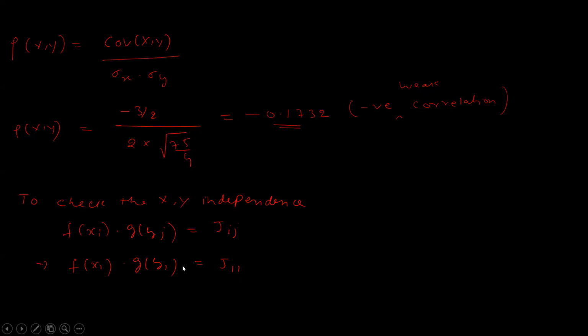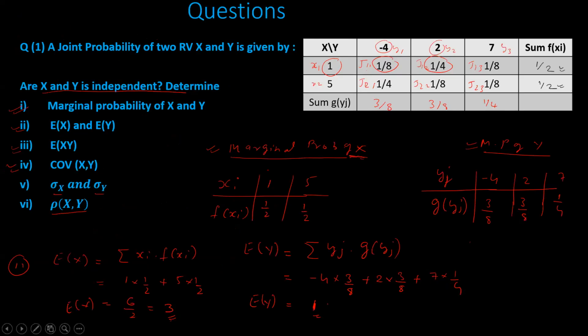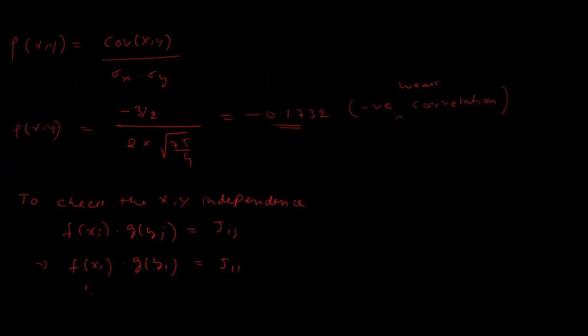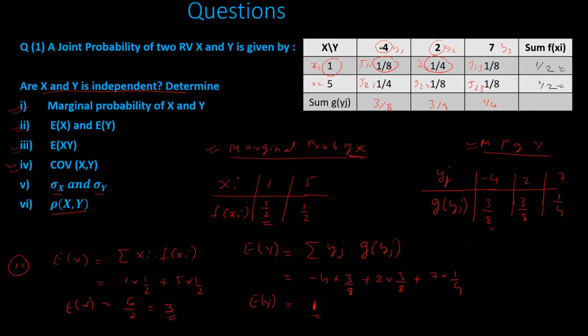So what is f of x1 value? F of x1 is 1 by 2, g of y1 is 3 by 8. So let us put the value. This is 1 by 2 into 3 by 8. How much I'm getting? I'm getting 3 by 16. Is it equal to J11? Let us check. J11 value was 1 by 8.